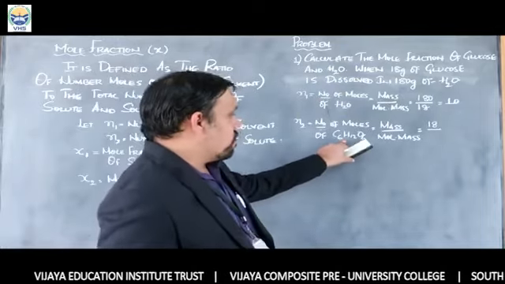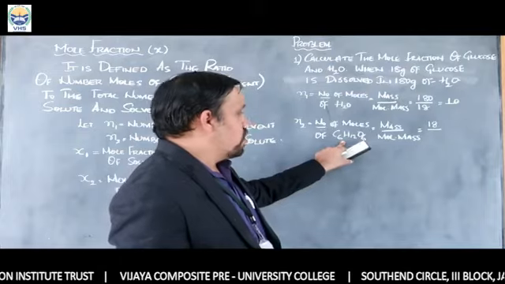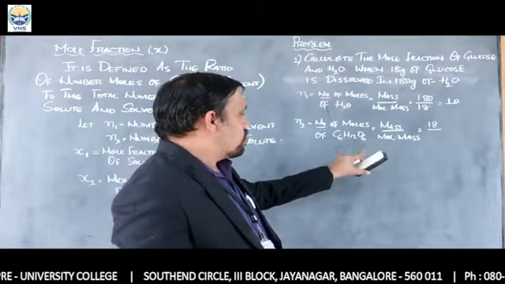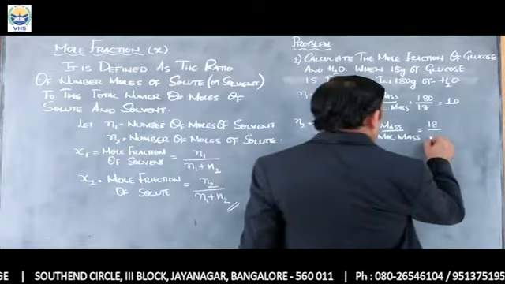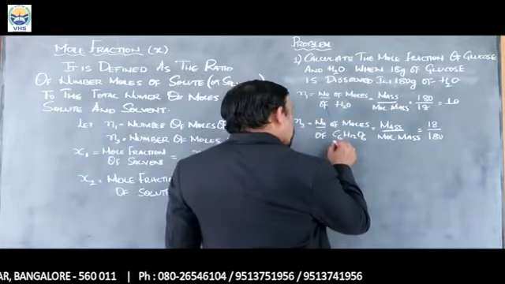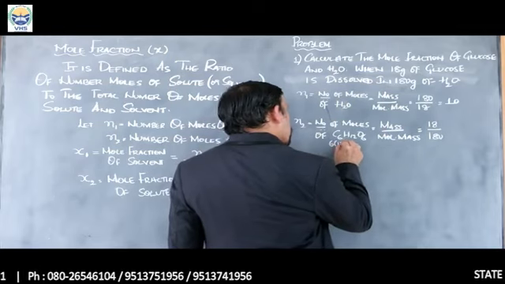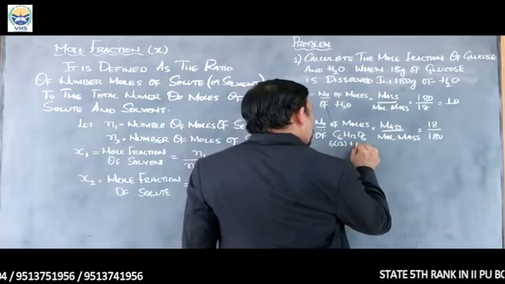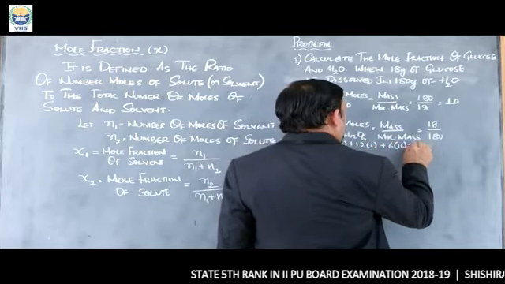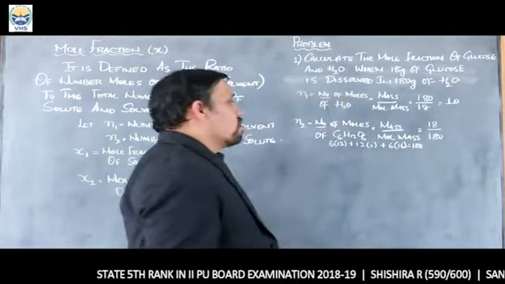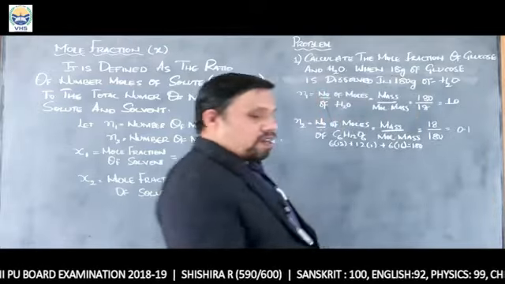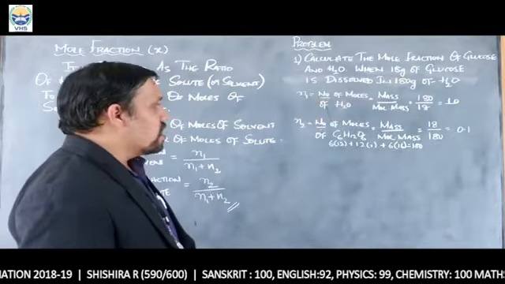So it is 6 into 12, 72, plus 12, 84, plus 6 into 16, 96. Totally this one also will be 180. Or you can just calculate 6 into 12 plus 12 into 1 plus 6 into 16, which is equal to 180. So 18 divided by 180 is 0.1. We have found out N1 and N2.